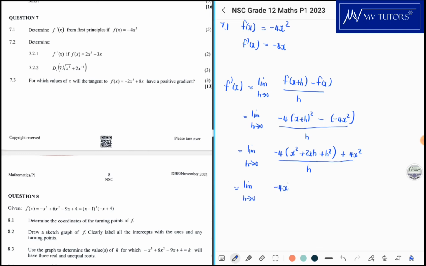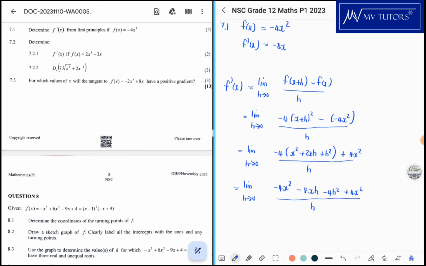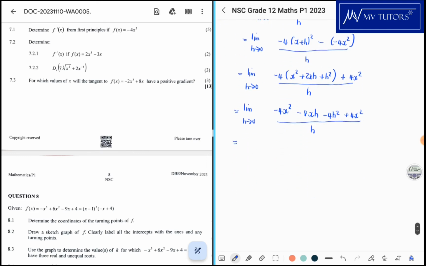We have negative 4x squared, negative 8xh, negative, not a positive, but negative 4h squared, plus 4x squared. Again, that's divided by h. And again, the limit as h tends to 0.